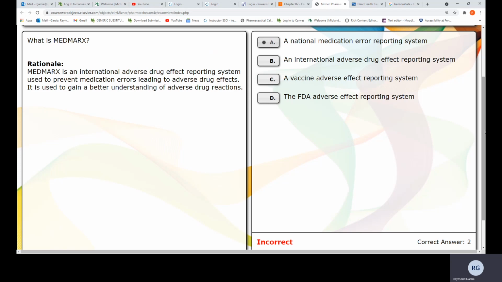It is used to gain better understanding of adverse drug reactions. So that's international based. FDA does have their own, and I'm assuming the vaccine adverse effect reporting system would have to do with the CDC or something. I mean, you're seeing that with the Johnson & Johnson, and CDC is the one that's reporting that.